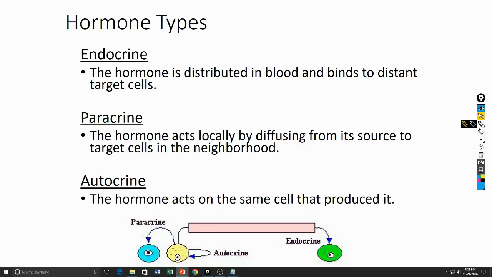Endocrine hormones ride in the blood, which makes them a lot easier to test for, because all you have to do is a blood draw and you can test the hormones in it. So most of our understanding of hormones is endocrine based, but it should be noted that there are other kinds in the body. Sometimes we call these trophic factors. They're just kind of local hormones.